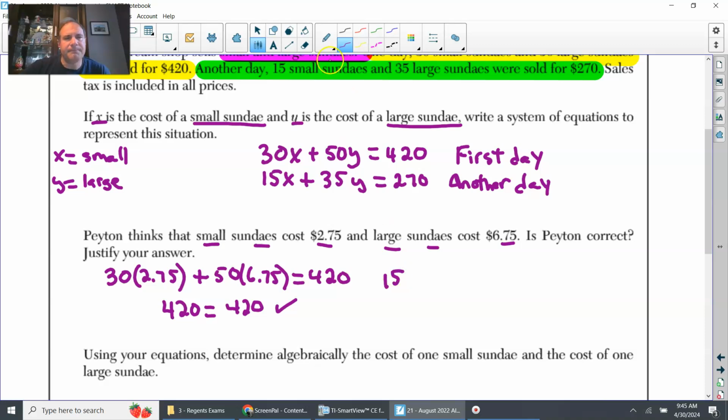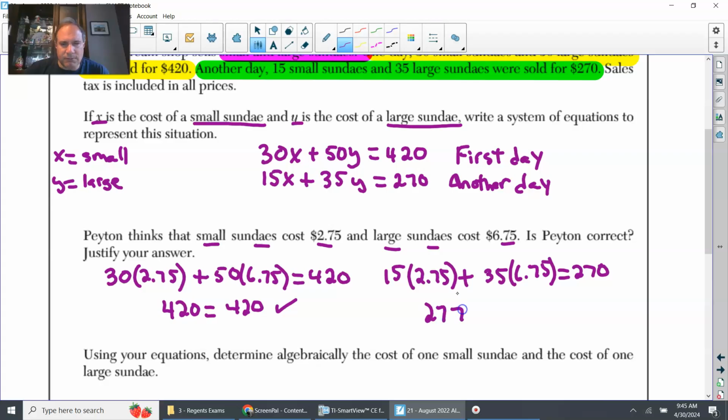15 times 2.75 plus 35 times 6.75 equals 270.